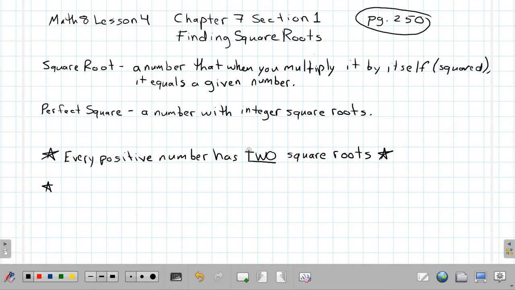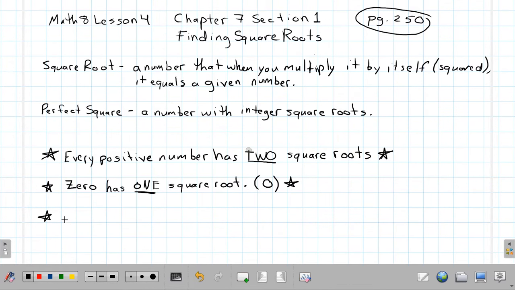This actually isn't in the book, but I did want to go ahead and tell you that 0 has 1 square root. And just to let you know what that square root is, the square root of 0 is 0. And like I said, we'll talk more about that when we get to the first example.